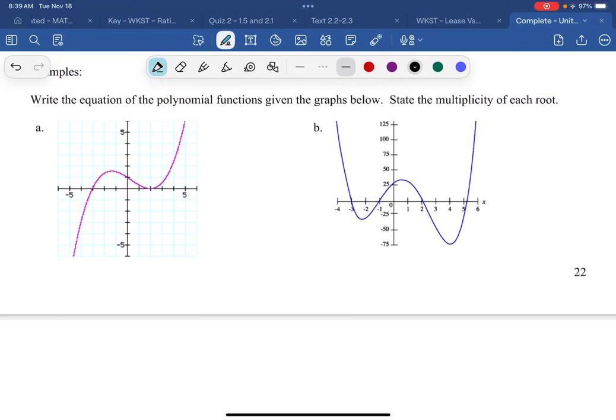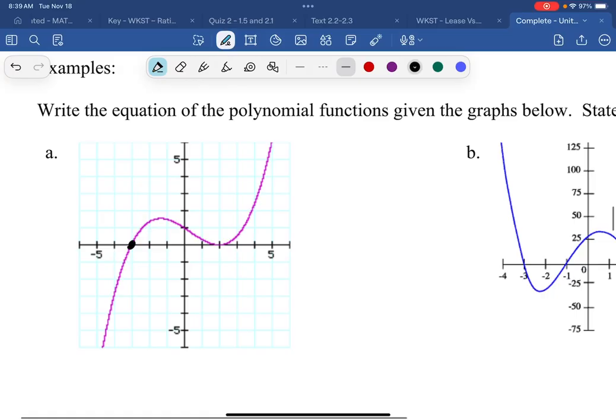So we'll look at A. At this location here, it's cutting right through. So when it cuts directly through it, it's a multiplicity of 1. So this is a root of -3 with multiplicity of 1. This one has a root of 2 with a multiplicity of 2.